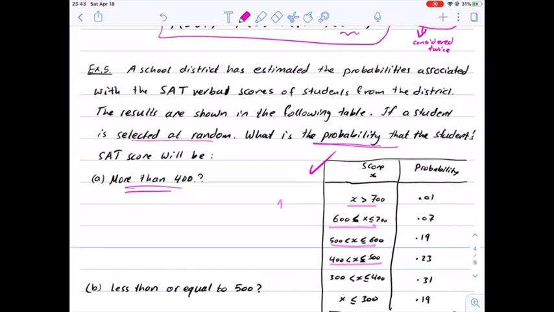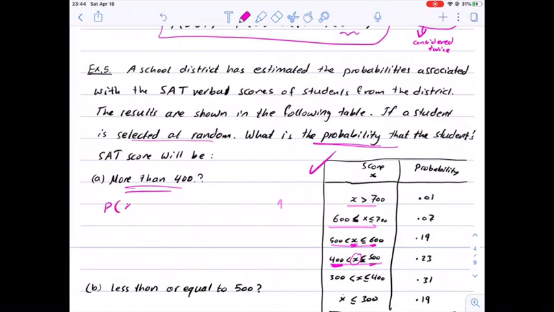As you can see, this is X. X represents the SAT score. And as you can see here, X is greater than 400 and less than or equal to 500. Here is greater than 500 and less than or equal to 600.